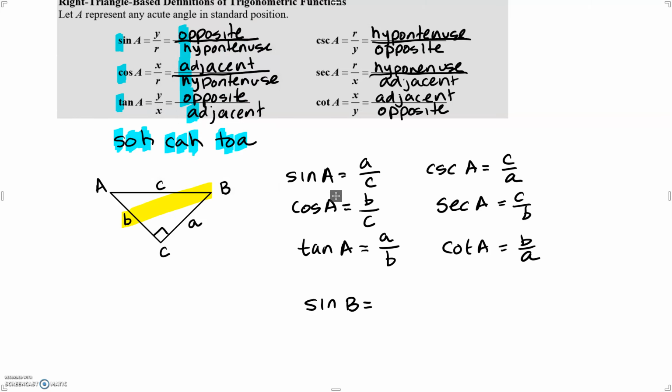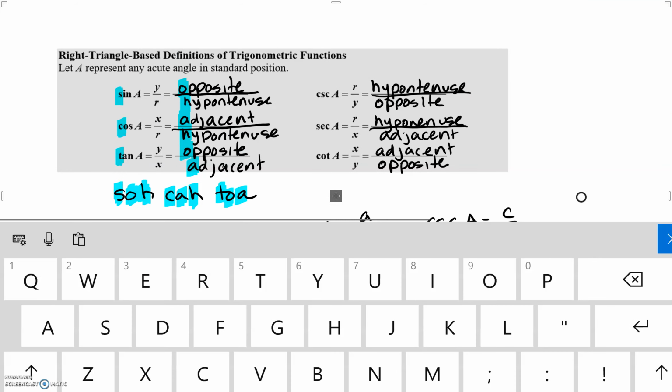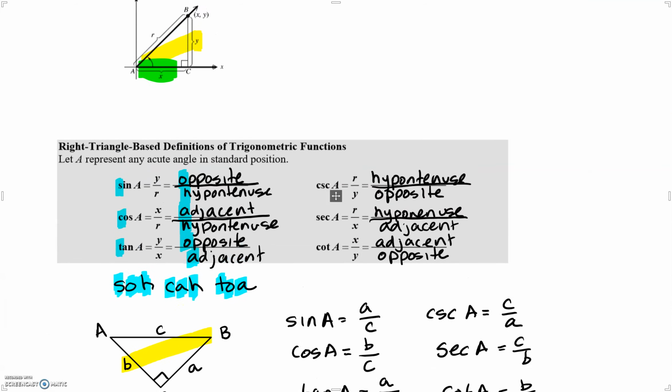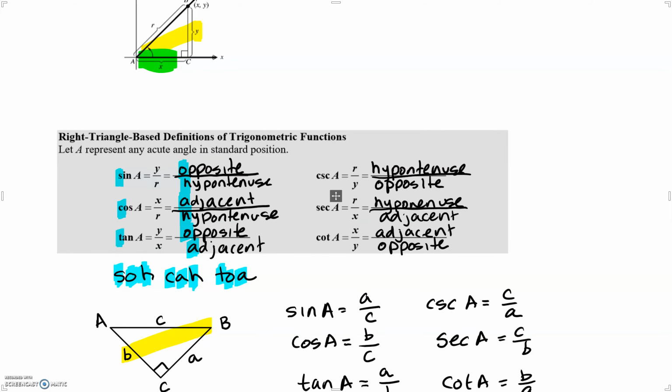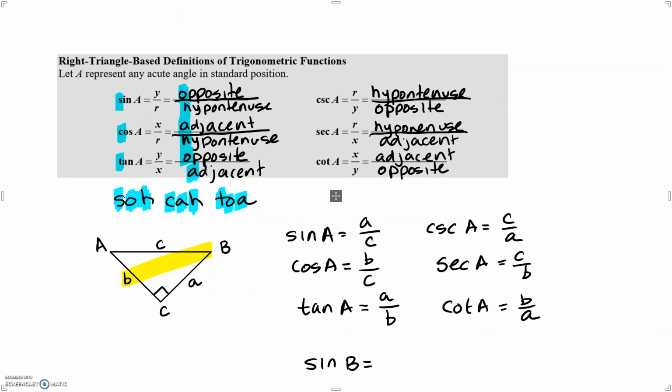There it is right there. Again, the opposite is the opposite of B, and it's the yellow. So it's going to be the opposite over the hypotenuse, which is B over C. B is the opposite. The hypotenuse is still C.